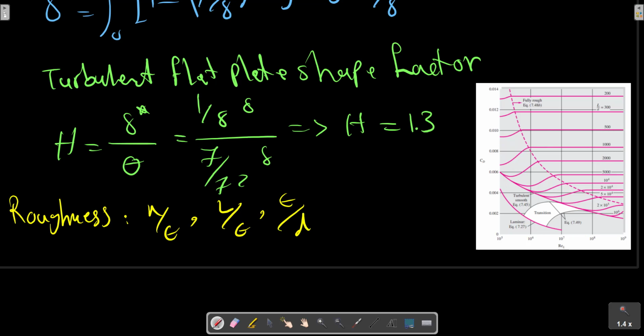In the fully rough regime, drag coefficient is independent of the Reynolds number, so that the drag varies exactly as upstream velocity square, and is independent of the viscosity. We can write two relations for fully rough regime for skin friction and drag coefficient as this equation.